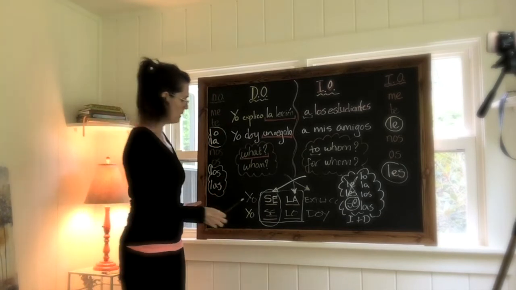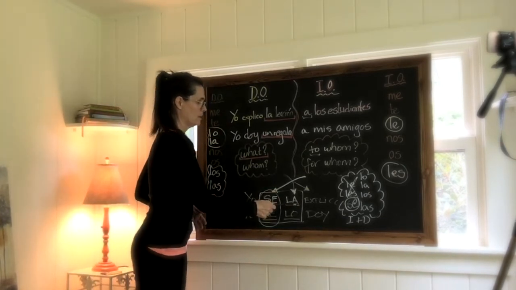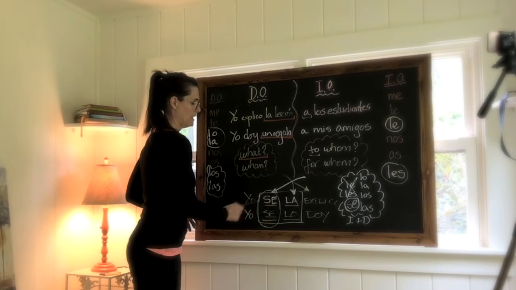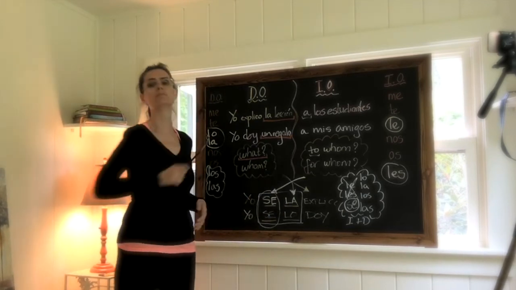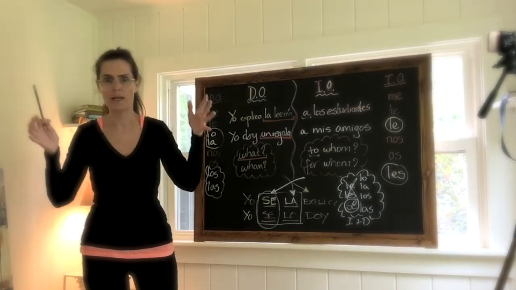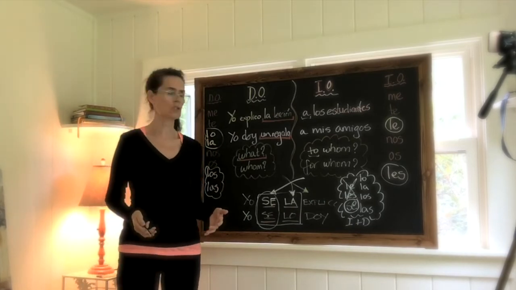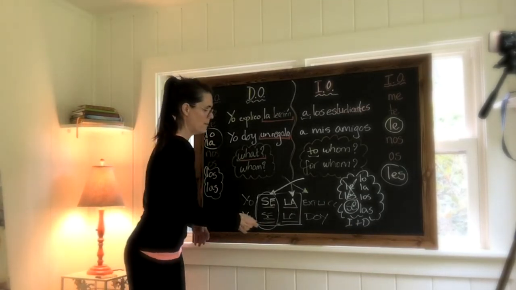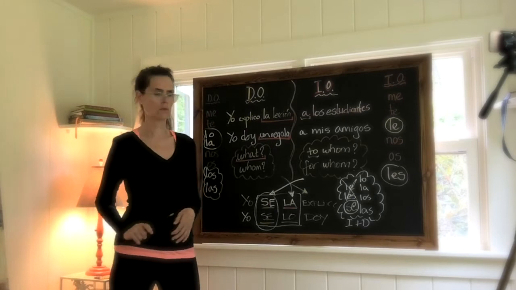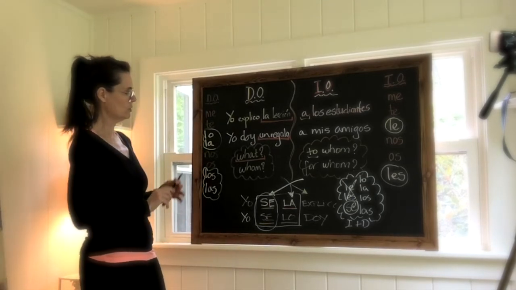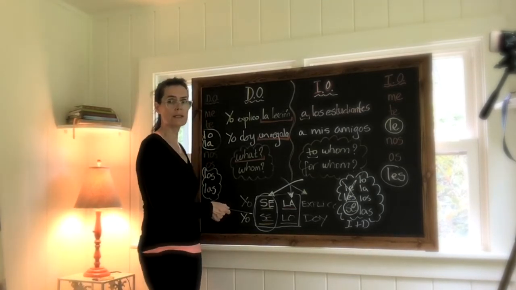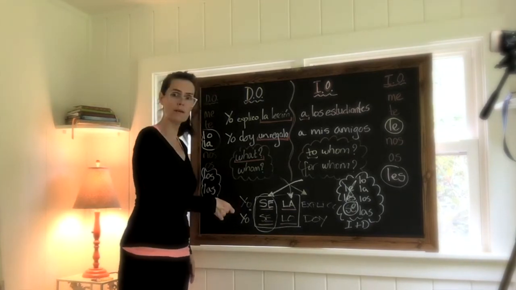In bad English, that would be, I to them explain, I to them it explain. Very bad English, but so that you get the gist of it, okay? I to them it give, okay? So, as you have noticed, here, instead of the le, I put se.